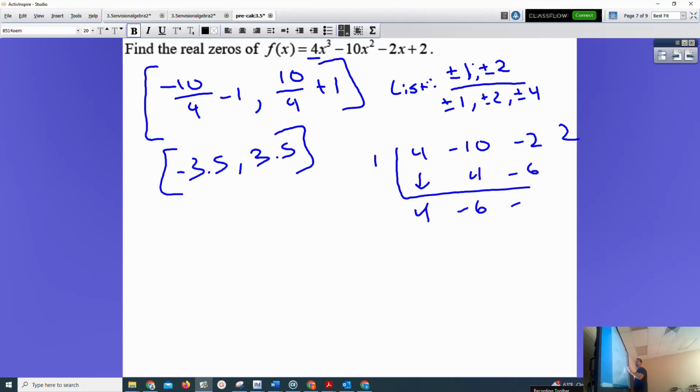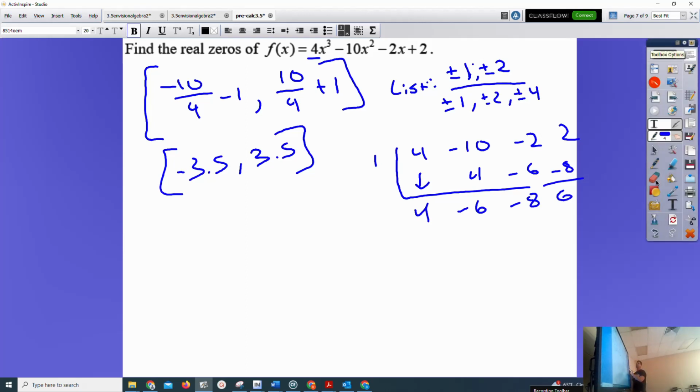I don't think it's going to work. It's not looking pretty. So we tried a 1. What do you want to try next? Negative 1? Why not? It's not looking too good.